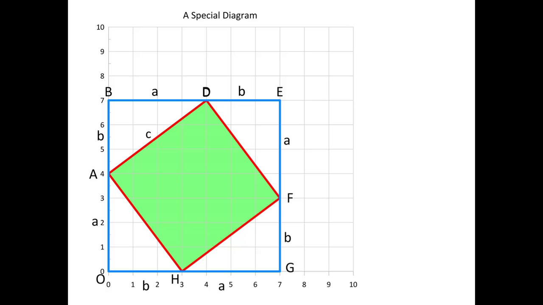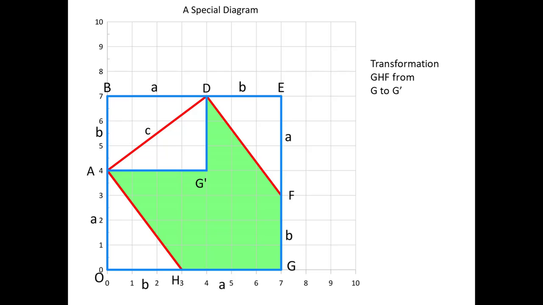We're going to detail the translations that break this green square area into two separate square areas. There are three of these translations. The first one is doing the transformation from G in the corner to G prime. So you'll see that G in the lower right corner moved to the G prime that's now in the middle of the green field.